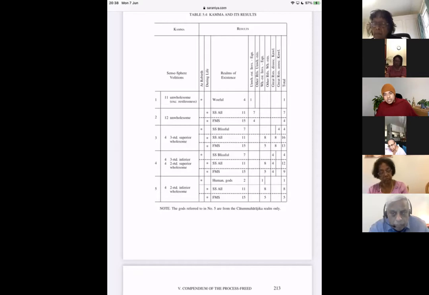An orange tree will produce orange fruits, isn't it? So, when we are referring to three-rooted superior wholesome consciousnesses, we are referring to what can give rise through the rootless section or the beautiful section. Yeah, that is fine.